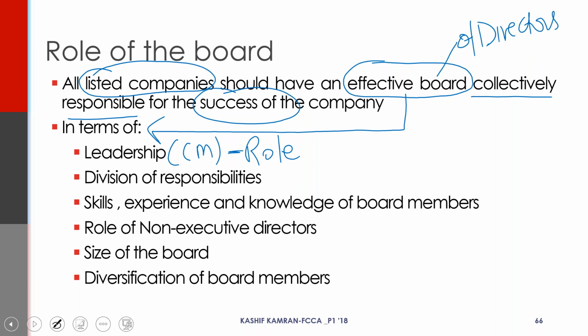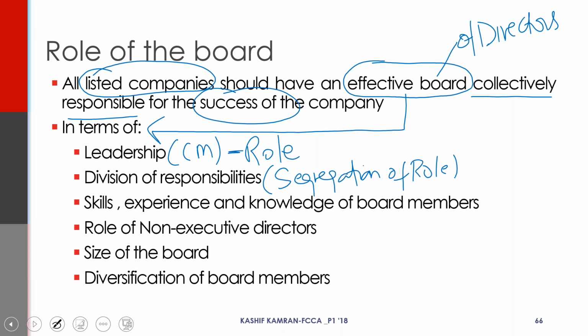There should be division of responsibilities, segregation of duties. There should be segregation of roles. The chairman should know what is my role. The CEO should know what is my role. There should not be overlapping roles. The chairman should not do something which the CEO is doing.